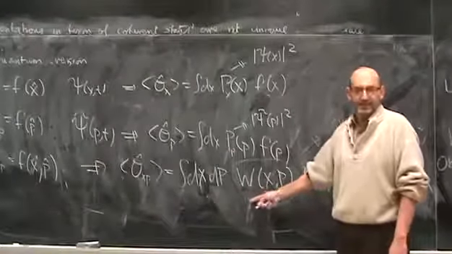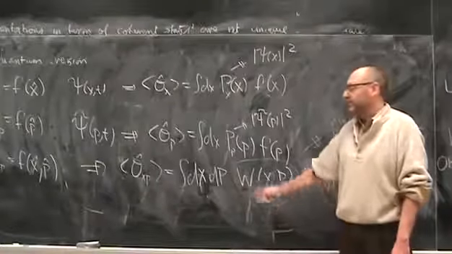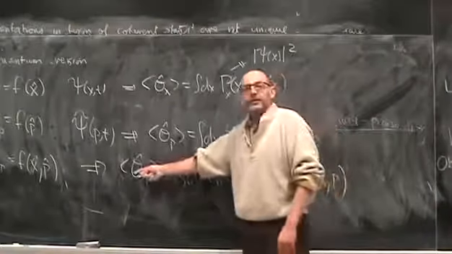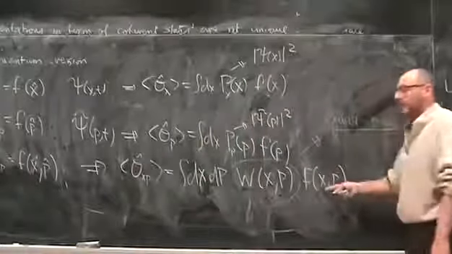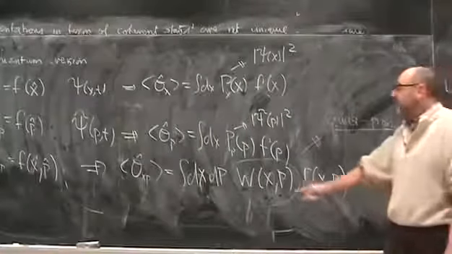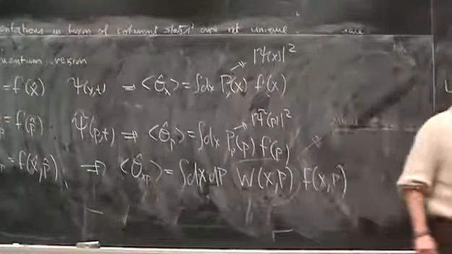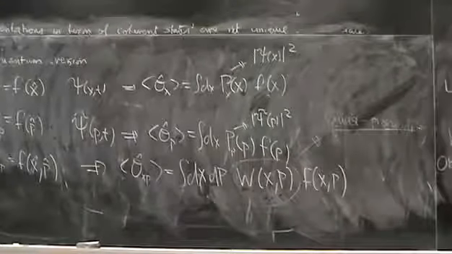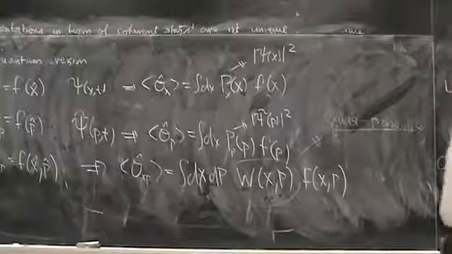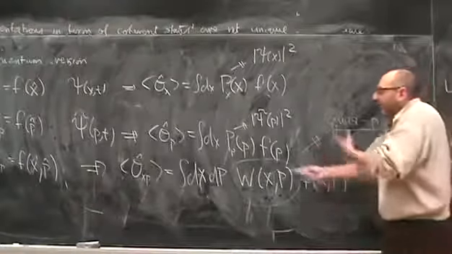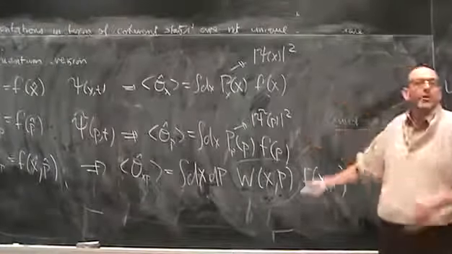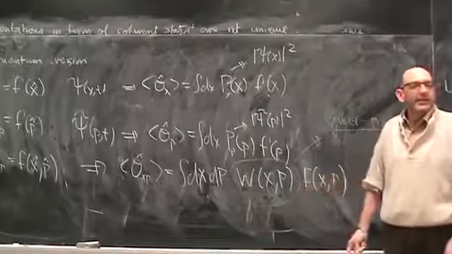It'll be real if this were a Hermitian operator, and so this is a real function. But it can be negative. And that negativity is a sign of non-classicality of the state, because it's no longer just flipping coins.